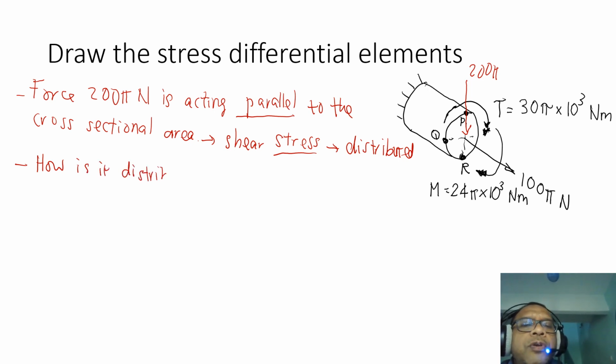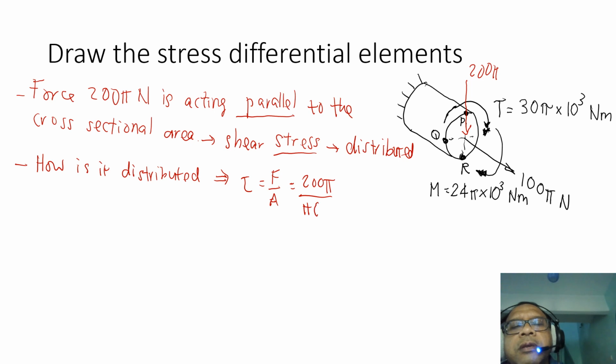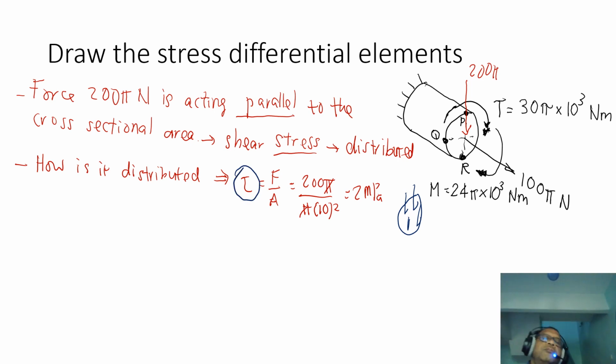Okay. So if you do not know, you could make an assumption that tau equals F divided by A. Yeah. And then you can say 200 pi divided by A, pi r square, 10 square. Yeah, so it's 2 megapascal. And you say, Prof, why don't we just distribute tau along that surface here? That's one way of assuming it is distributed.